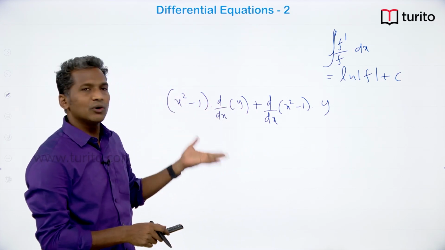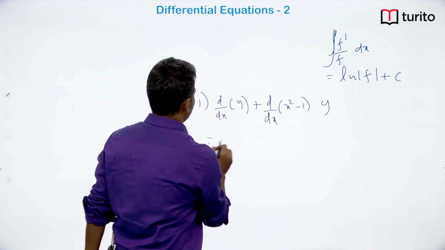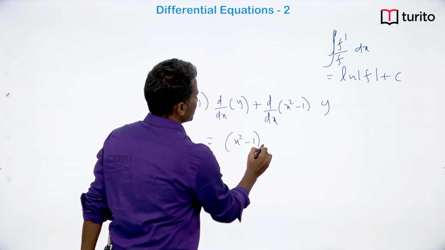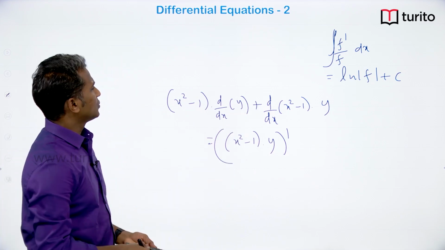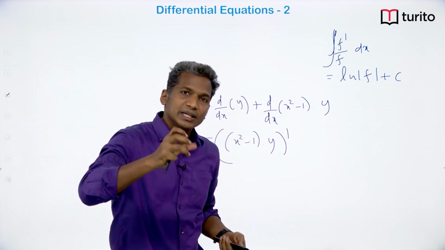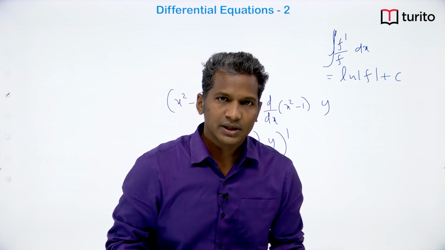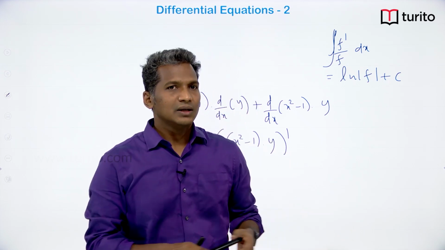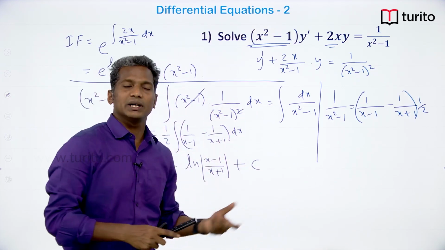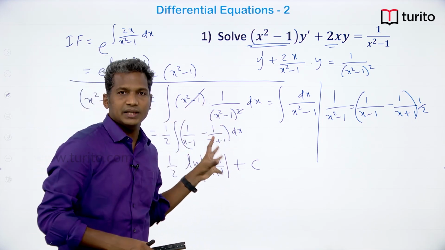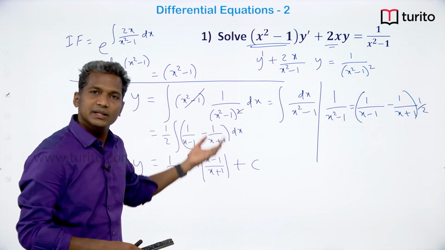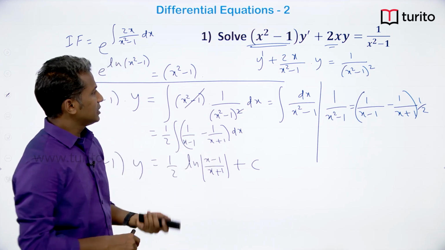So we basically got the product rule here. So x square minus 1 into y whole dash is going to be this term. So if you can directly notice such exact differentials, you can also use them directly without going for the long analysis. Okay. But you will not get rid of this RHS step. Of course, you need to integrate in the same manner. Okay. So this way we can solve this.